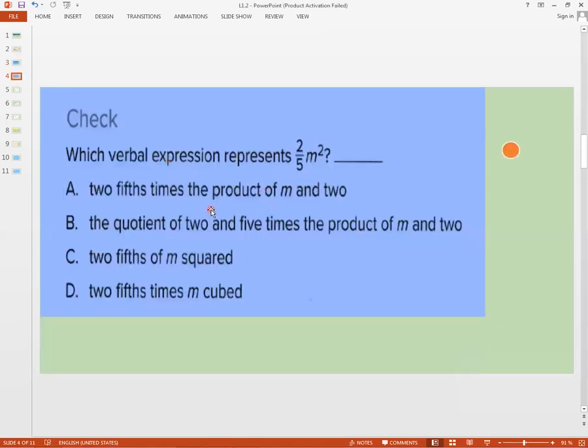Okay, new one. Omar, can you help me here? This is a multiple choice problem. You have to choose A, B, C, or D. Which verbal expression represents 2 over 5 m squared? Two over 5 m squared, m power 2.